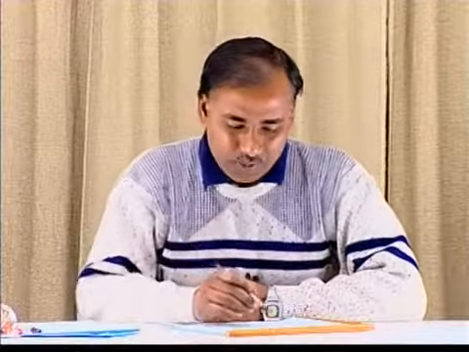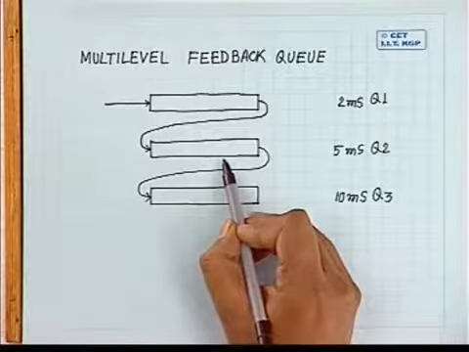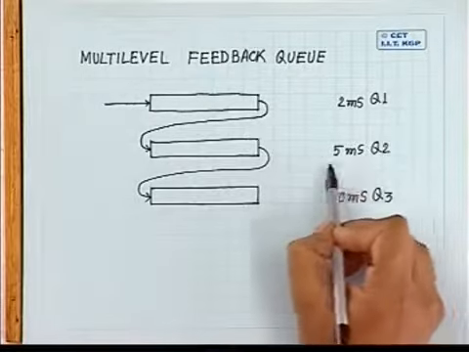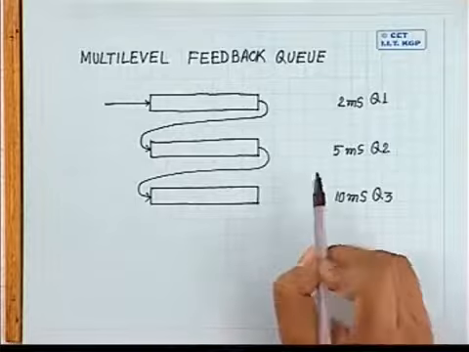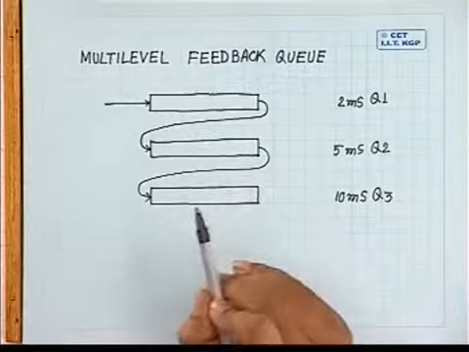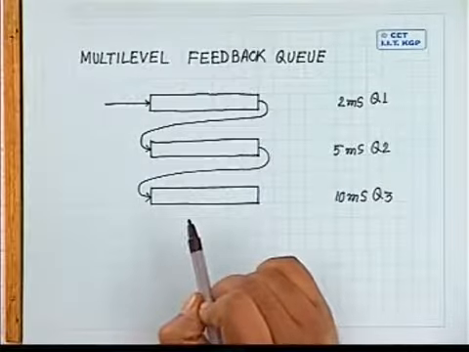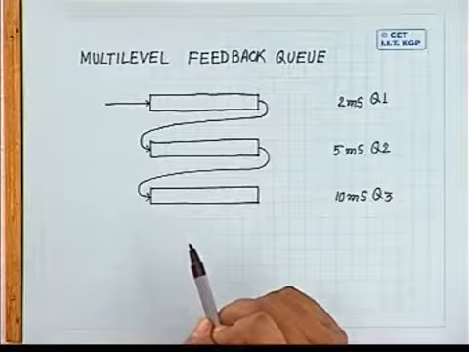So if the burst is greater than 2 milliseconds, I will push the job into the next queue whose quanta size is 5 milliseconds. Again in queue number 2, it will be allocated to the CPU for a time quanta of 5 milliseconds, again following round robin technique.